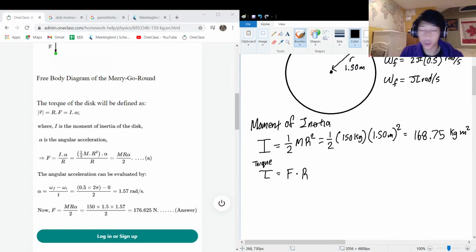You can even look at this with a door. Is it easier to open a door when you have a large radius, when you're farther away from the axis of rotation, or when you're closer? It's obviously going to be easier when you're farther away, so higher R, higher torque. And we could also write this as the moment of inertia, I, multiplied by the angular acceleration. So here, that is angular acceleration.